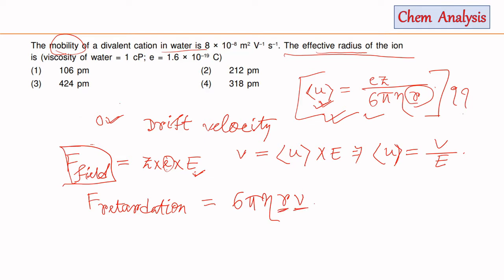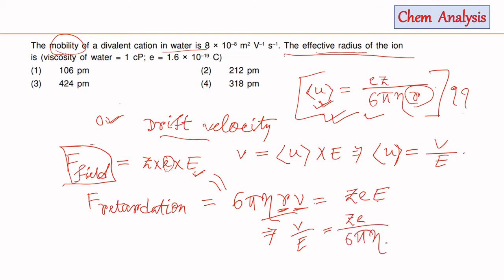When the ion reaches the drift velocity, these two forces will be equal, so 6 pi eta r v is equal to Z e E. From this equation, v by E will be equal to Z e divided by 6 pi eta r.